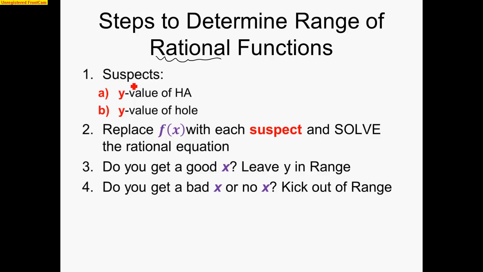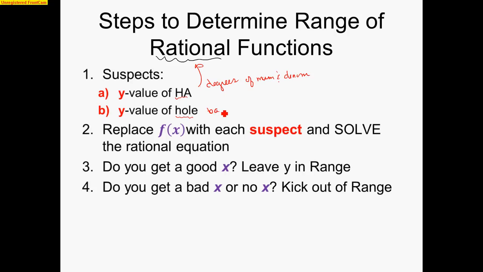You identify your suspects, the y value of the HA, right, or the y value of the hole. So you have to know how to find a HA, right? For the rational functions, you look at degrees of numerator and denominator. Here's our suspect. The y value of the hole, right?